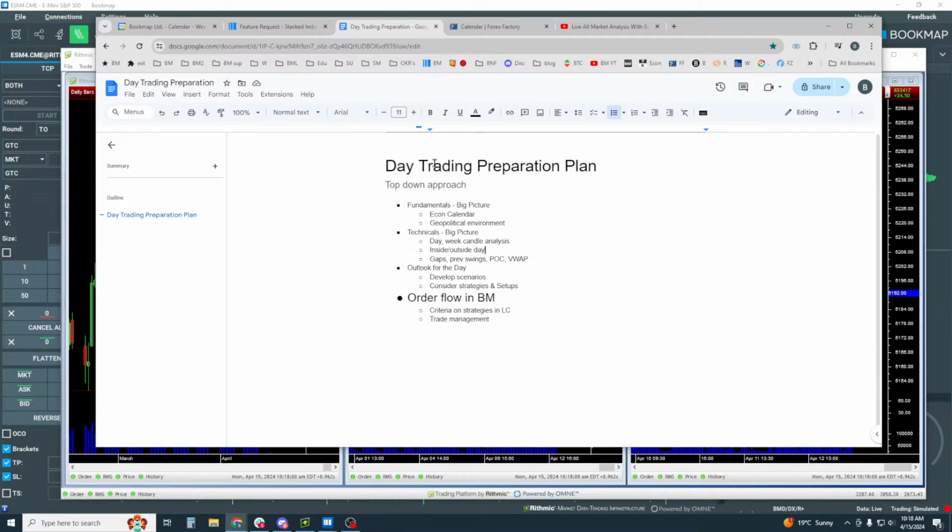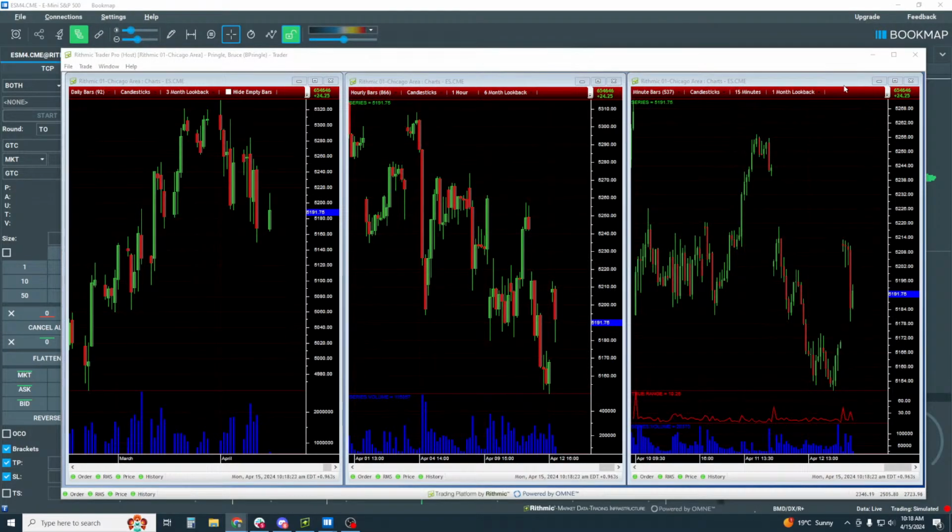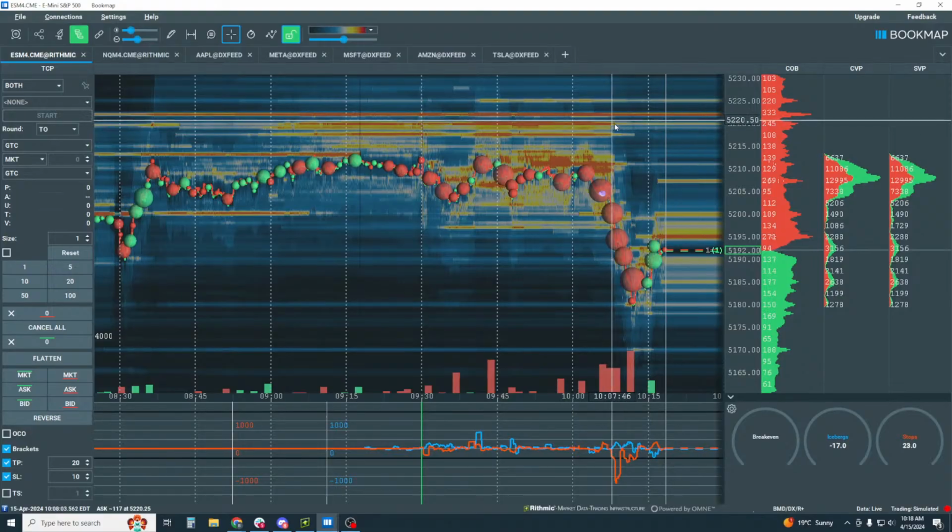Okay, if you can hold all those different elements and metrics in your head, great, go for it. I cannot, so I look at just a big picture, simple plan, and then we look at the order flow in Bookmap. Okay, and then we get into the trade management. This is something we've been adding into the webinars now, okay, with some live trading.